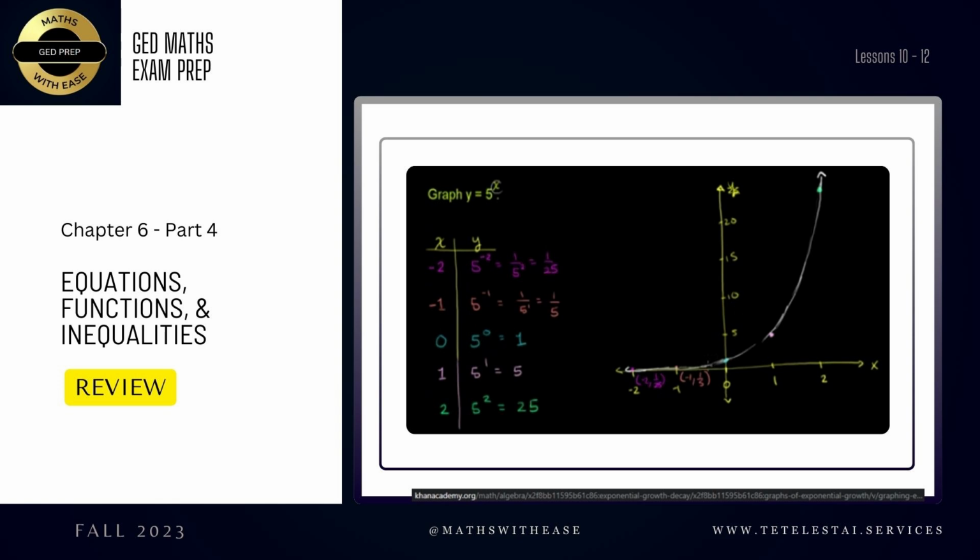If you keep plotting negative values into this function, you'll keep getting really tiny values of y, very, very close to the x-axis, but never touching it. So you would represent that with an open parenthesis, 0, comma, +infinity, which you would represent with a closed parenthesis.